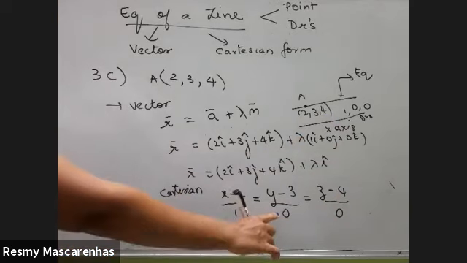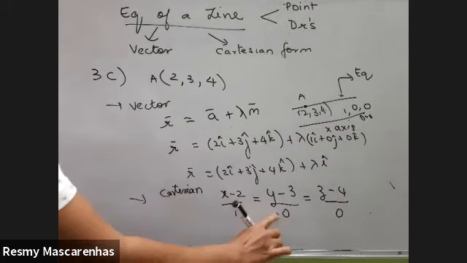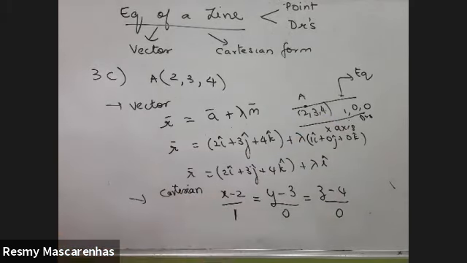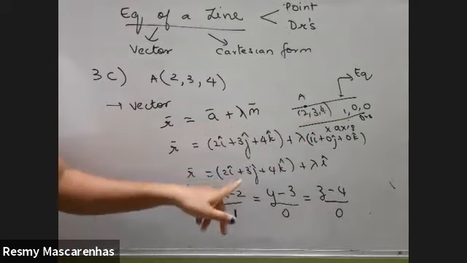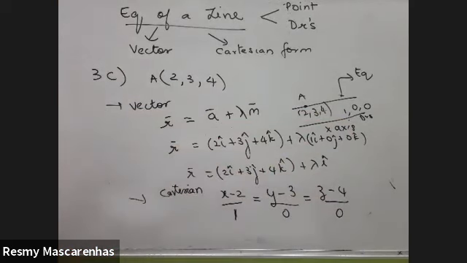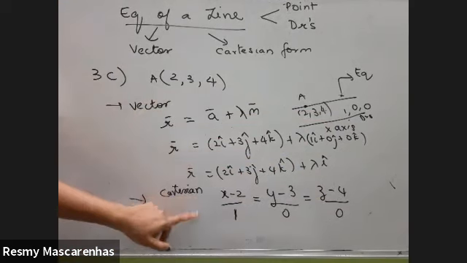Even though it looks not defined, you still have to write it, because these are the direction ratios. The direction ratio is always in the denominator and the point always in the numerator. So this is the Cartesian form of the line. If vector was not asked, only this much we have to do.